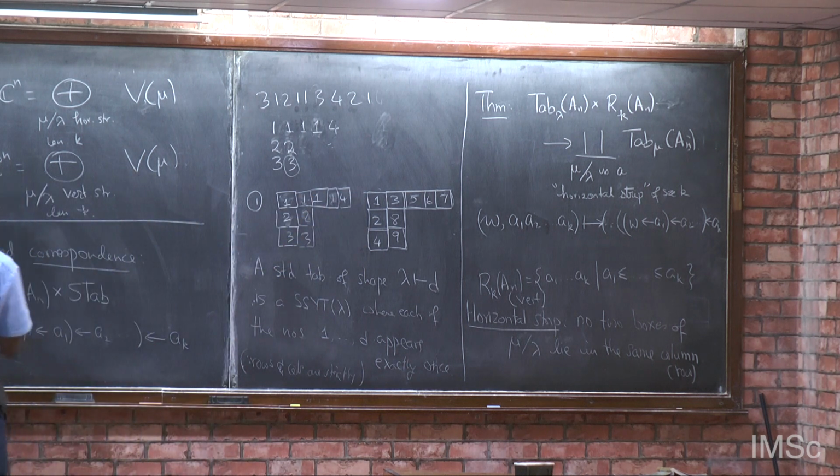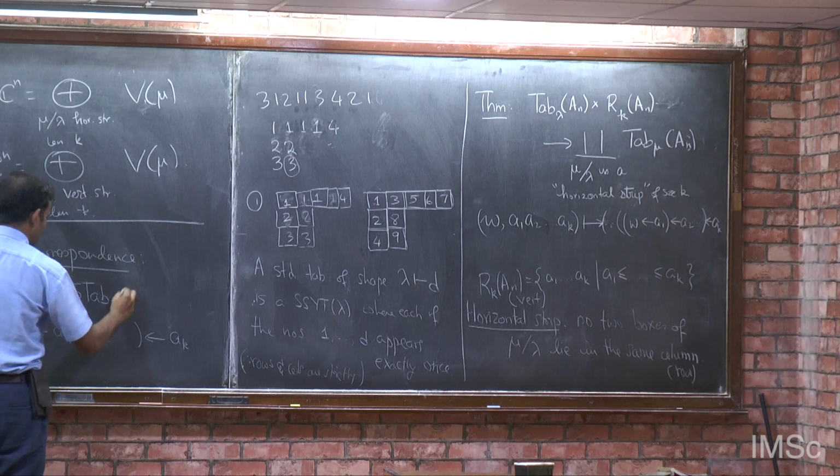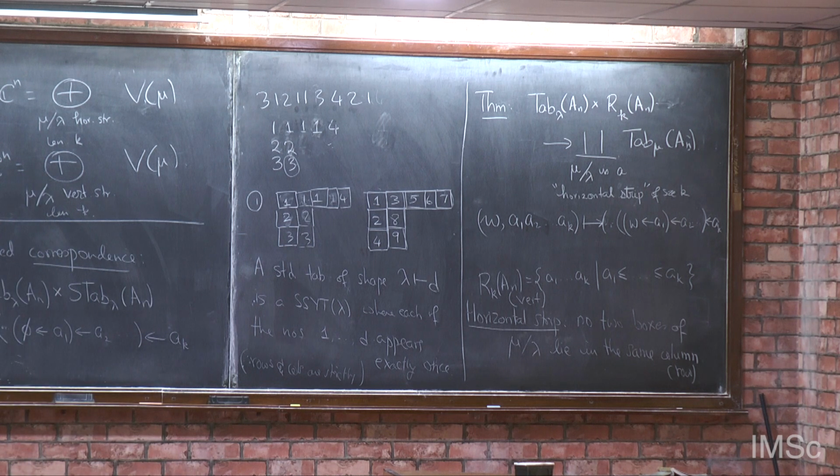So, I get a bijection here over all partitions. Both sets are infinite as I have written it, but you could just take words of length D, then you would get a union over partitions of D.